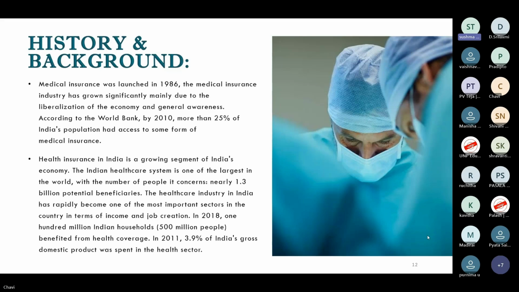The Indian healthcare system is one of the largest in the world. The healthcare industry in India has rapidly become one of the most important sectors in the country in terms of income and job creation.